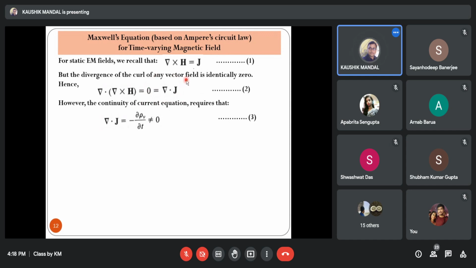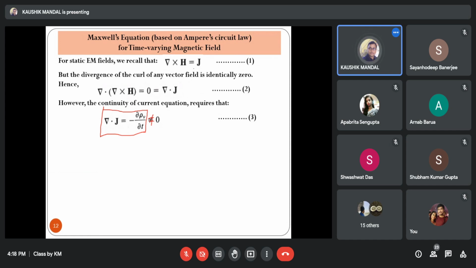But from the continuity of current equation, if we have to maintain continuity in the current, divergence of J will be equal to minus ∂rho v/∂t for time varying fields. So it should not be 0. So there must be some fallacy.